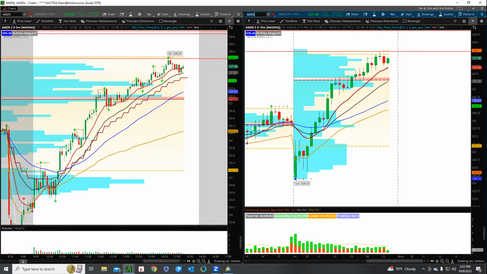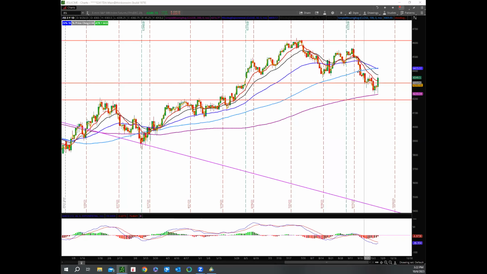All right, so let's go back to the broader markets real quick. Okay, so back here, right? All we've done is come down and retest this level.